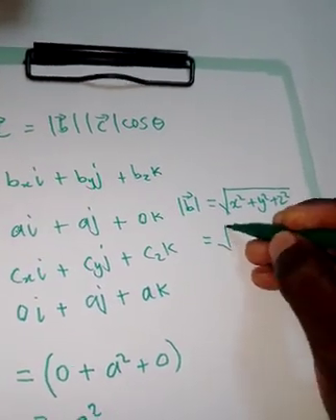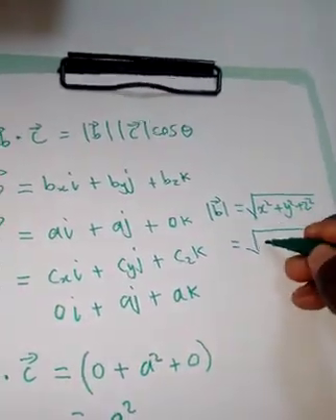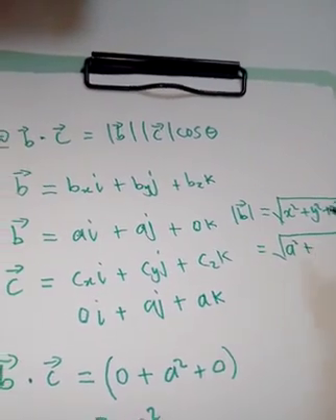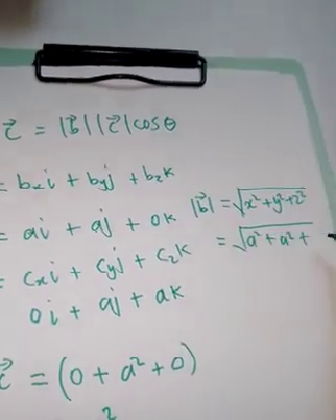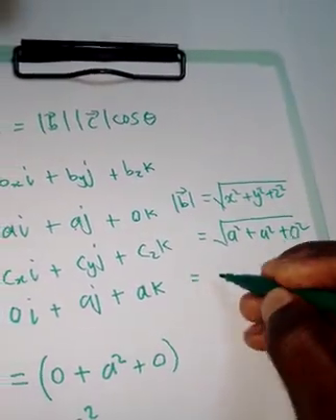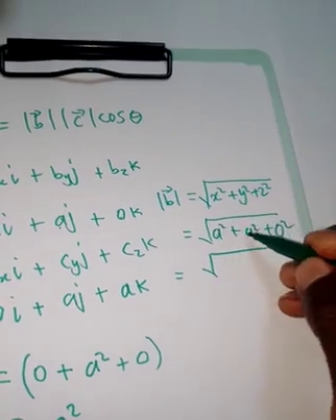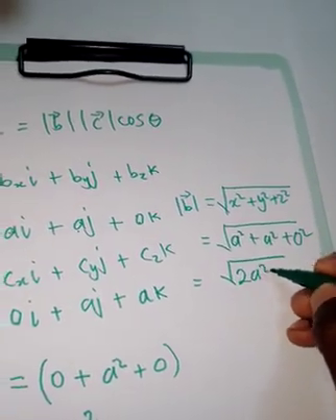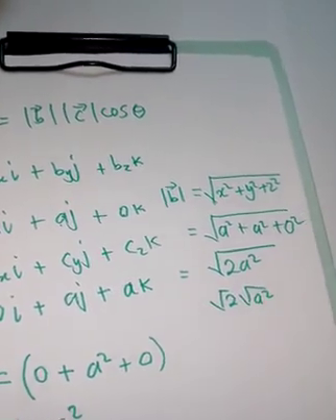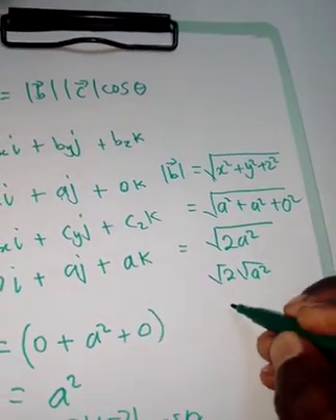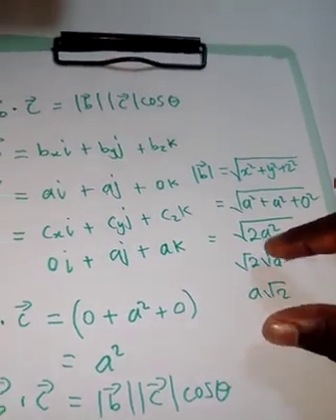This will be equal to, so what is our x value there? That's a. So we have a squared plus what? That's 0 squared. And this will be equal to, so here we'll just remain with a squared plus a squared, which is 2a squared. Then we can write this as 2 multiplied by root of a squared. Root of a squared, that's a root 2. So this is the magnitude of B.